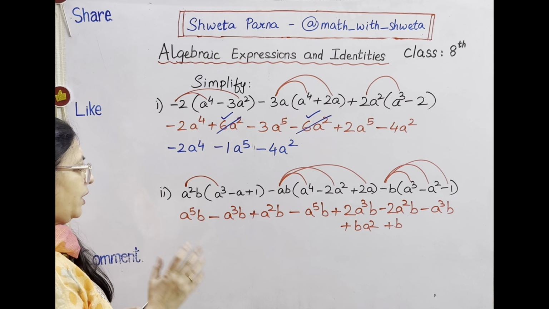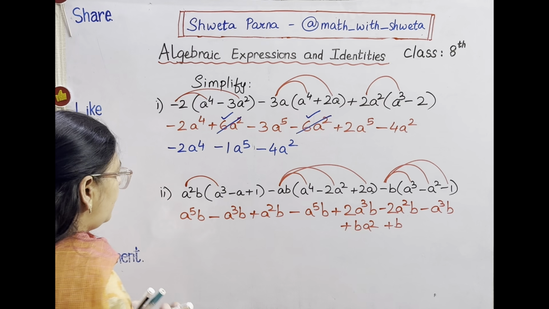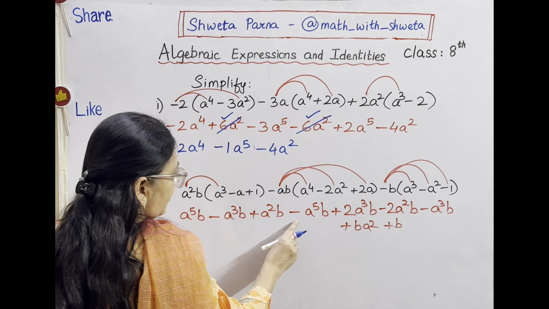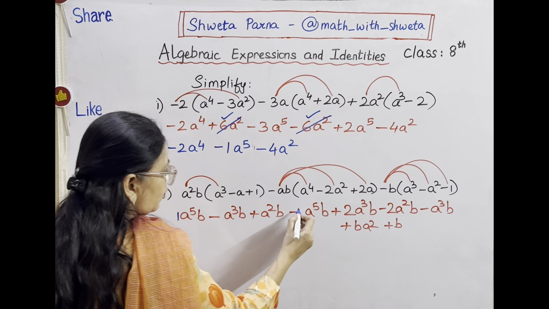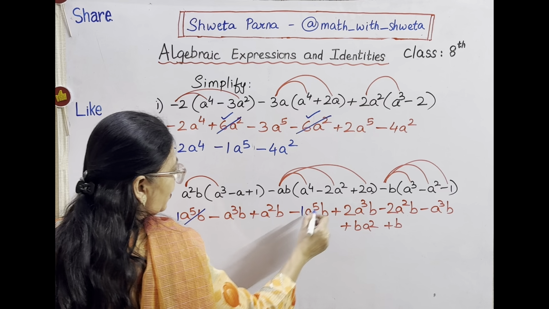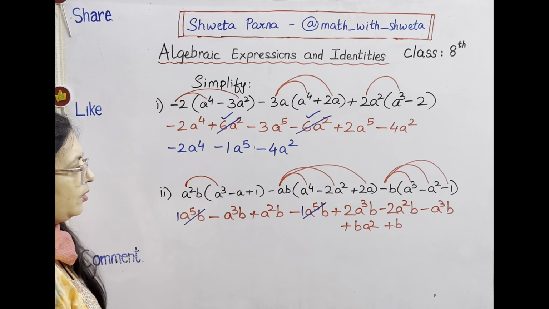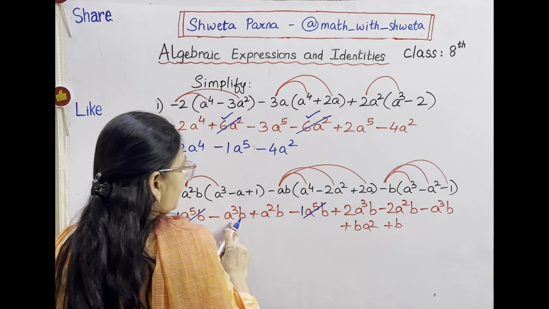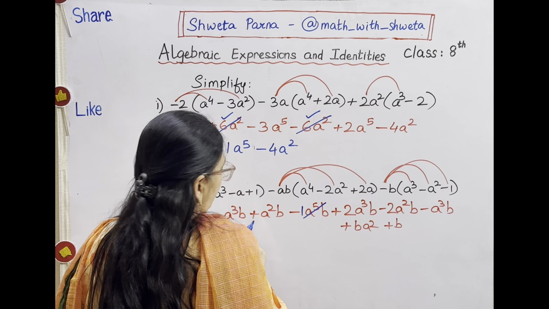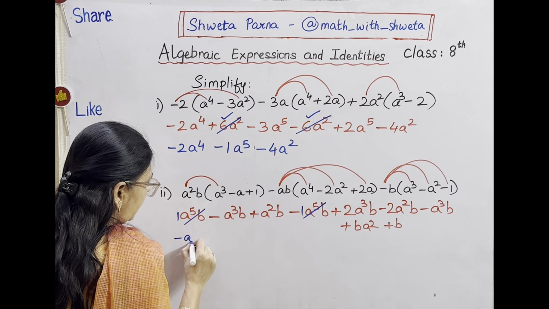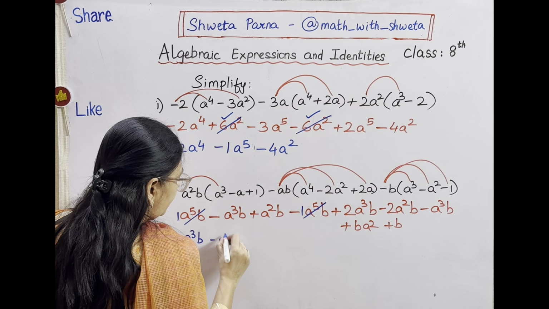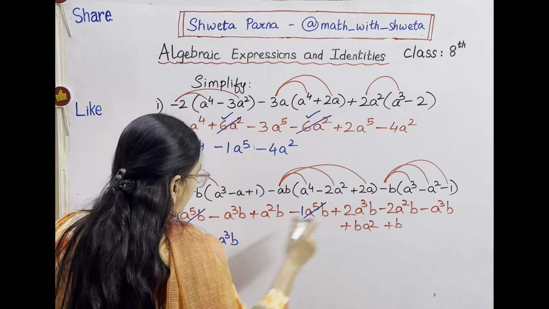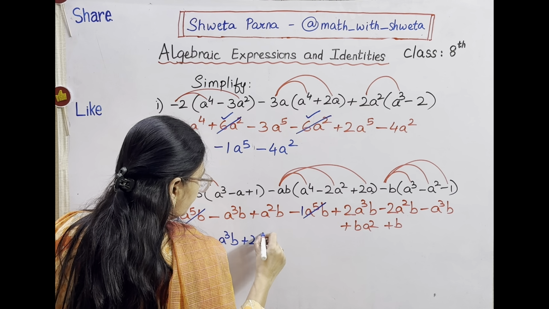Okay. Now you can solve only the like terms. A raised to 5 here, b is here, but this is 1 and here also this is 1. So 1 minus 1 gets cancelled. Okay. Now minus a cube b you will write, then minus a cube b and plus 2a cube b.